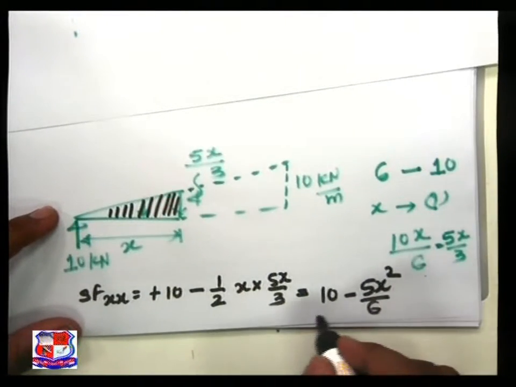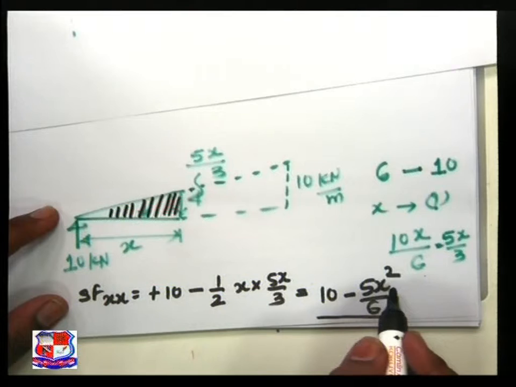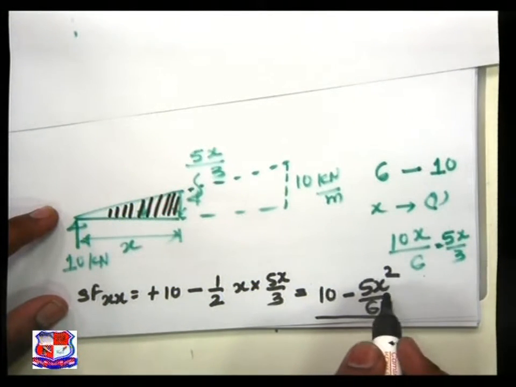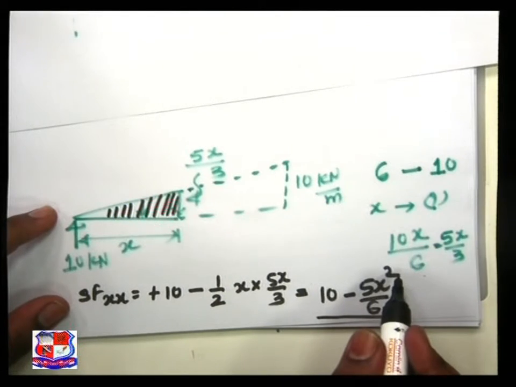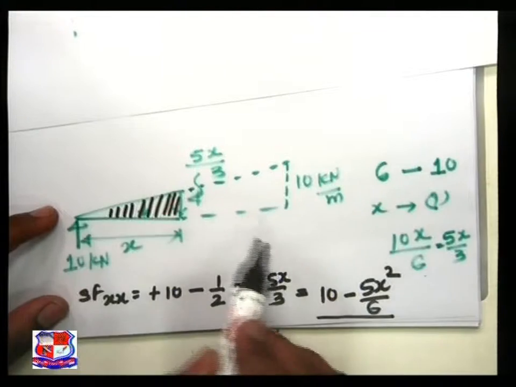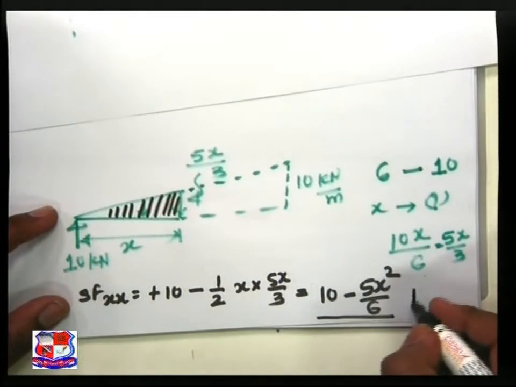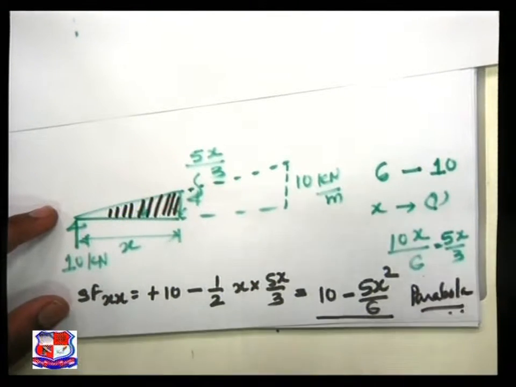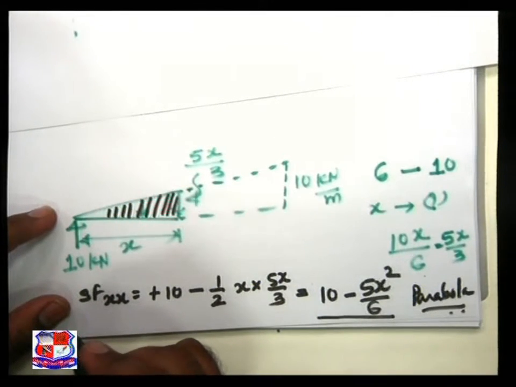Visualize this equation very carefully. The equation gives us terms in x square. X square means the variation of shear force along the length of the beam is of parabolic nature. The behavior is of parabola.